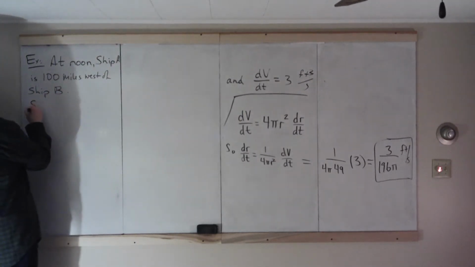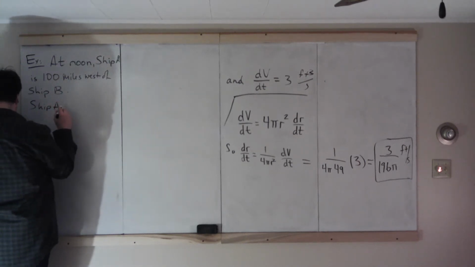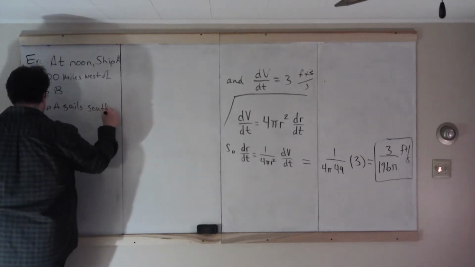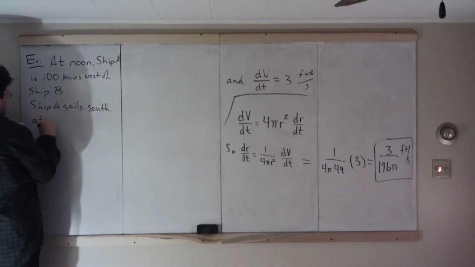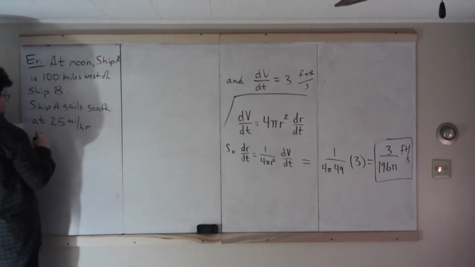Ship A, at noon still, sails south at 25 miles per hour.